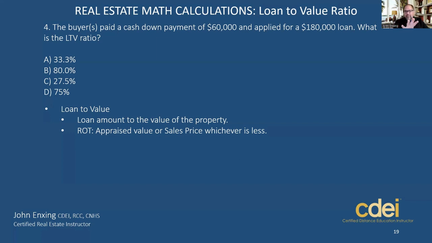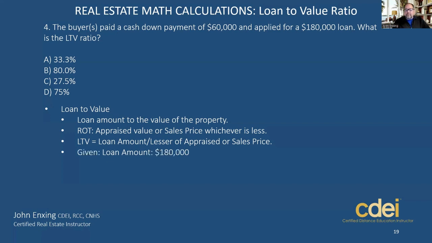Here, we don't have an appraised value, so you don't have to worry about it. But we need a sales price. So this brings us to our next step. Again, the lesser of the two, appraisal or sales price, will be divided into the loan amount. They say, well, John, we have a loan amount of $180,000, but what's the value of the property?